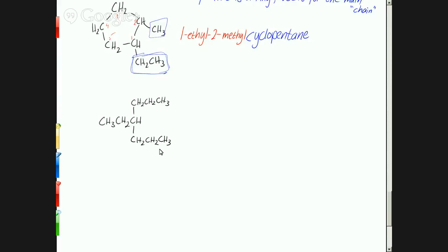Is this a cyclo anything? Is it a ring? No. And no. Right. It's a no name pro something. Or you're trying to look for something like butane, that kind of name?